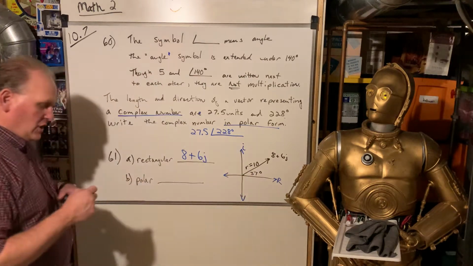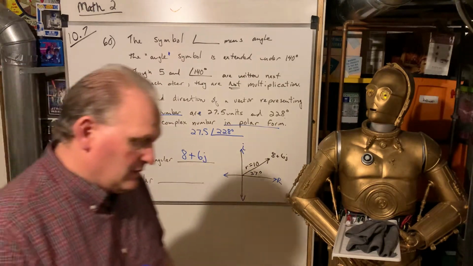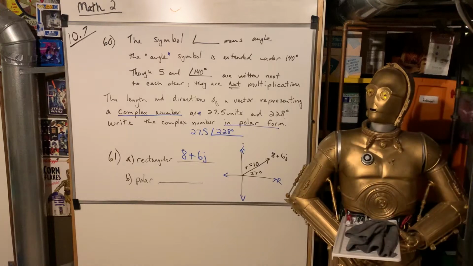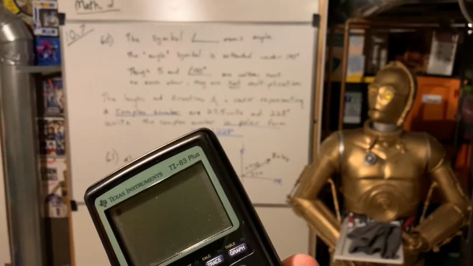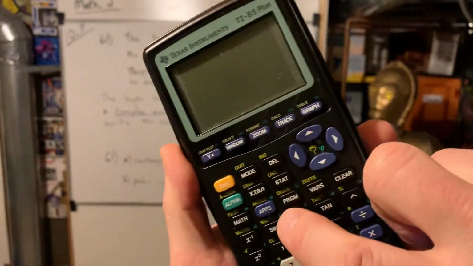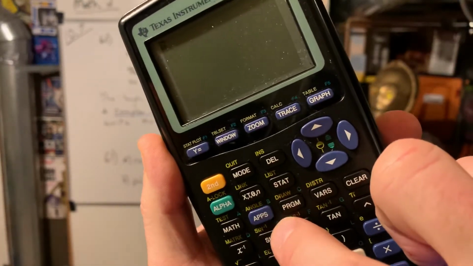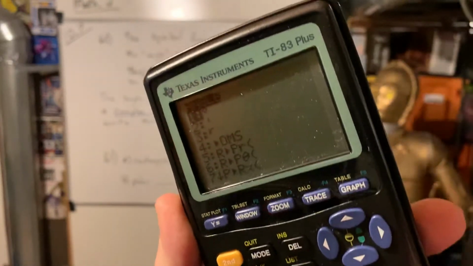Now let's recall how to go from polar to rectangular and rectangular to polar. I know they gave us 37 degrees and 10, but just in case you forgot, you hit second, and then angle, which is apps.